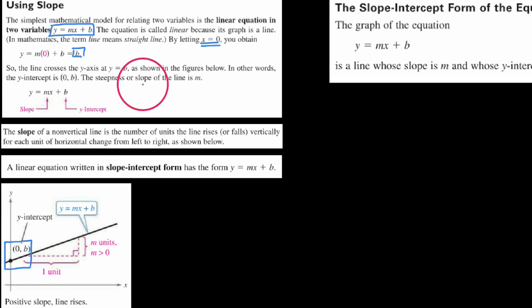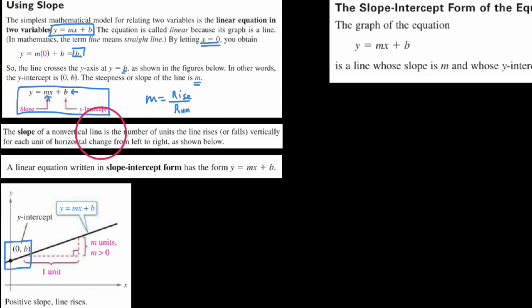But also, when we look at this, the steepness or slope of the line is represented by m. In slope-intercept form, we see that the two quantities we mainly pay attention to are where it hits the y-axis and what the slope is. So just a quick note on our slope here. What is slope? We define slope m as really being the rise over the run.